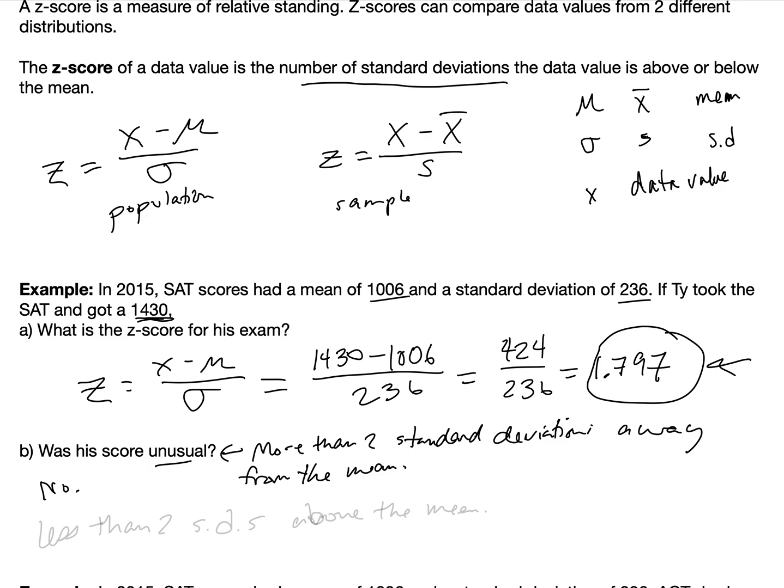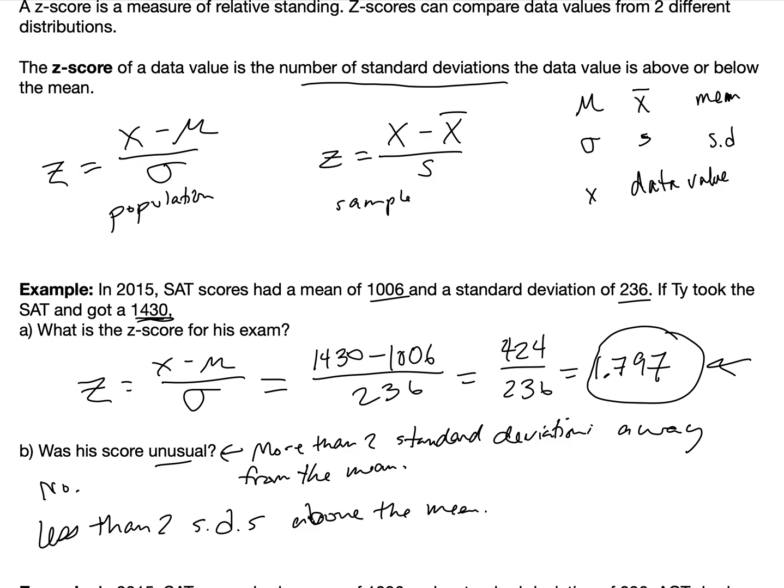So not quite 2 standard deviations above the mean. If it was, say, a z-score of 2.3 or something like that, that would be more than 2 standard deviations above the mean. So we would say no, his score wasn't unusual. It was less than 2 standard deviations above the mean. Okay.